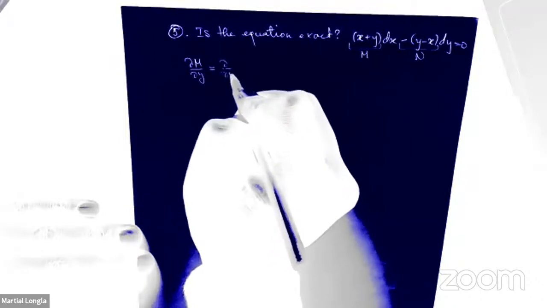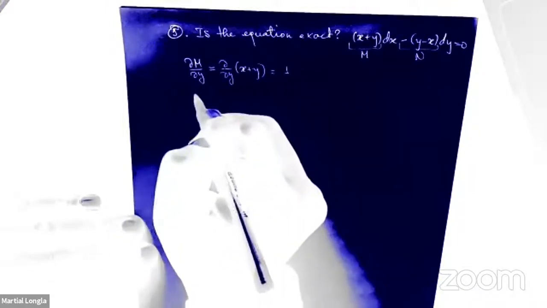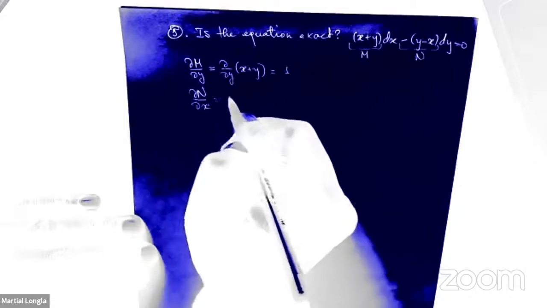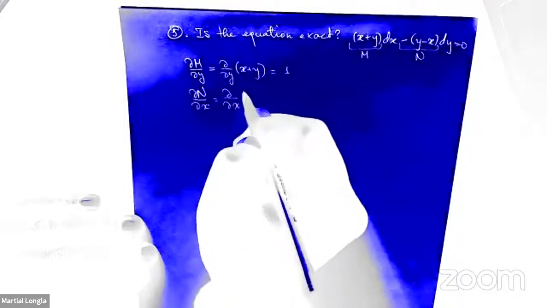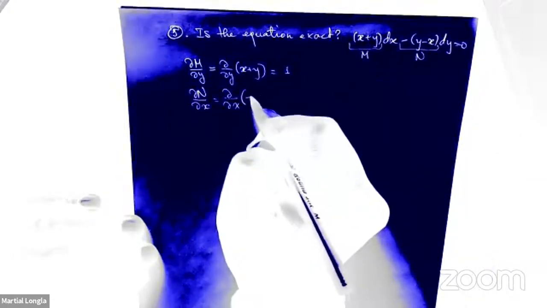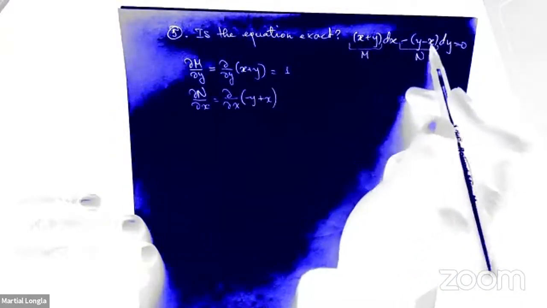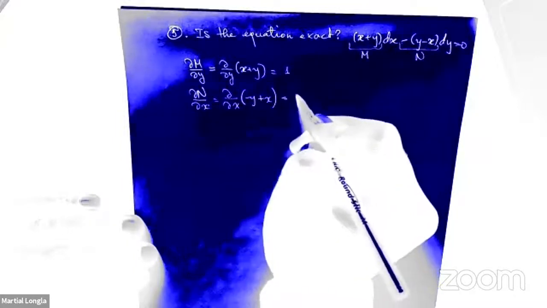And so we get dM over dy, that's the derivative with respect to y of x plus y. That's 1. And then we get dN over dx, that's the derivative with respect to x of minus y plus x when you distribute that minus sign, and that is 1.